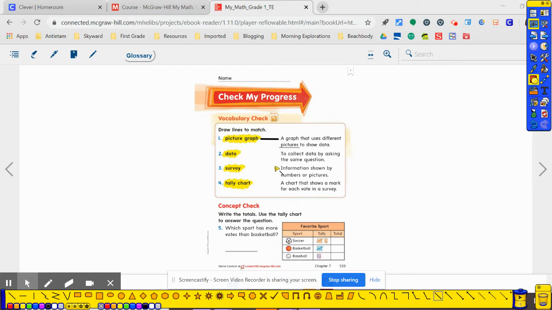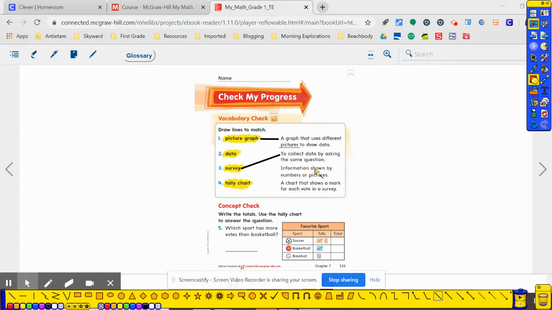So what is that? Is data to collect data by asking the same question? No, that doesn't make any sense. How about survey? To collect data by asking the same question means survey. Yes, I definitely think that's what it is. So connect a line with those two things.